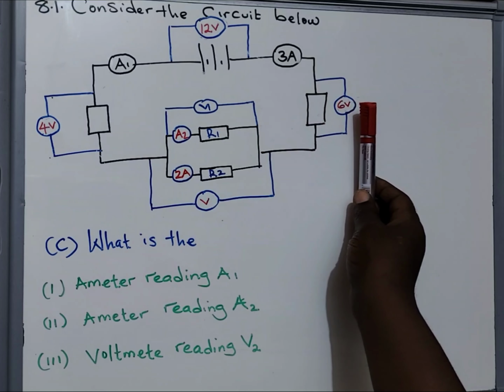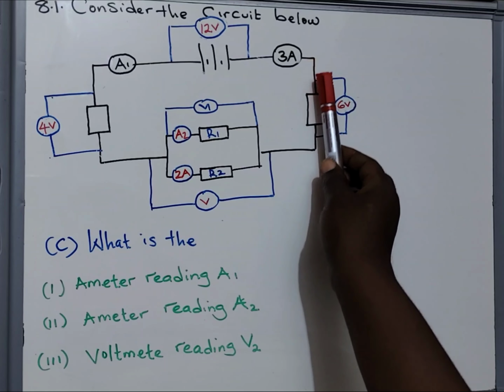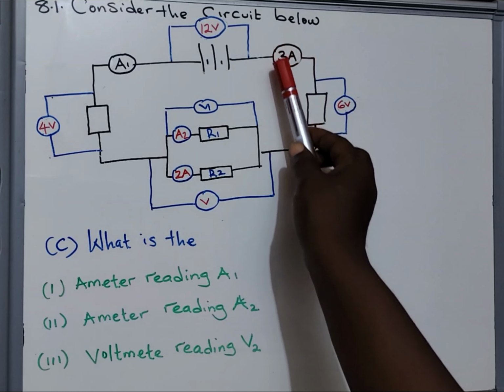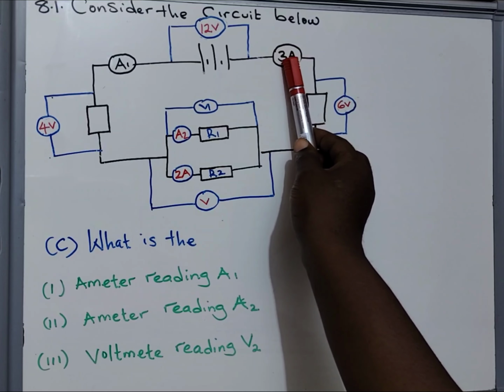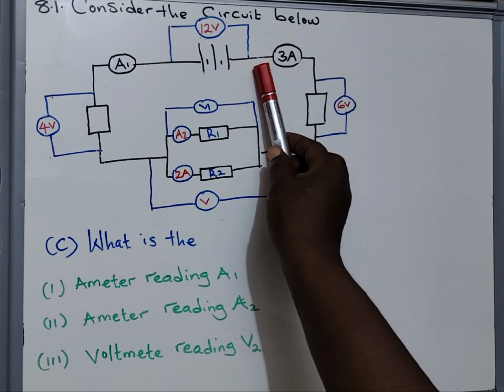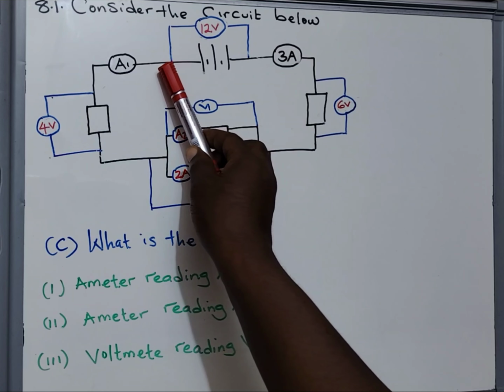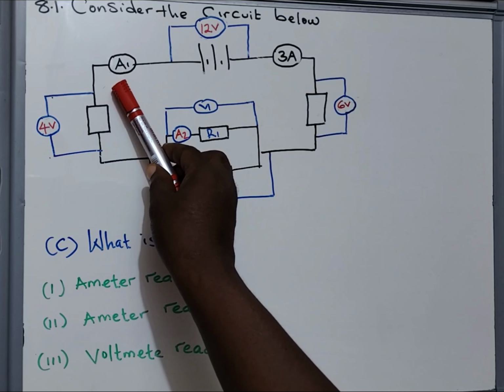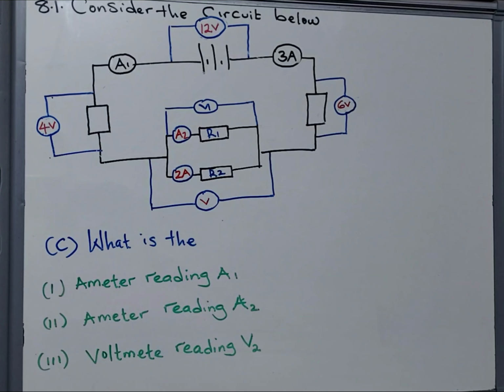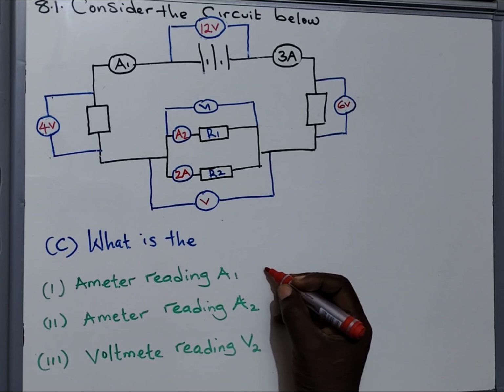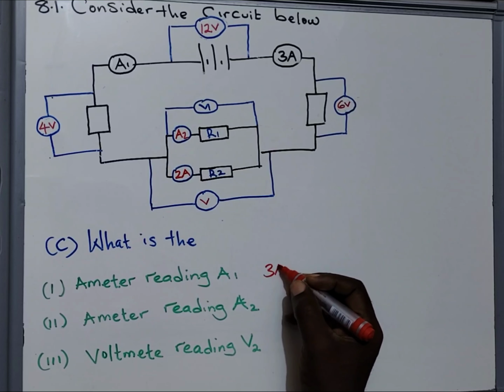It doesn't go through the voltmeter. It passes through. Here it's registered as 3 ampere. So it's the 3 ampere which passes through the battery. And it is the 3 ampere which passes through A1. So the current registered by A1 is 3 ampere.